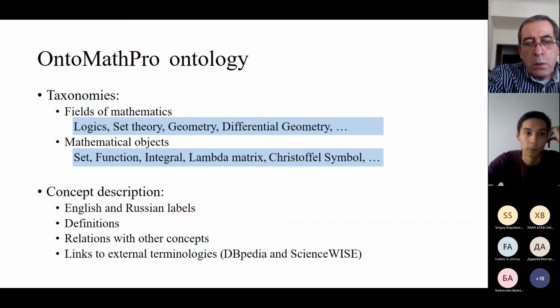Онтология построена на двух таксономиях. Это области математики и математические объекты. Каждый концепт онтологии имеет название на русском и английском языках, текстовое описание, ссылки на синонимичные концепты и ссылки на внешние ресурсы.